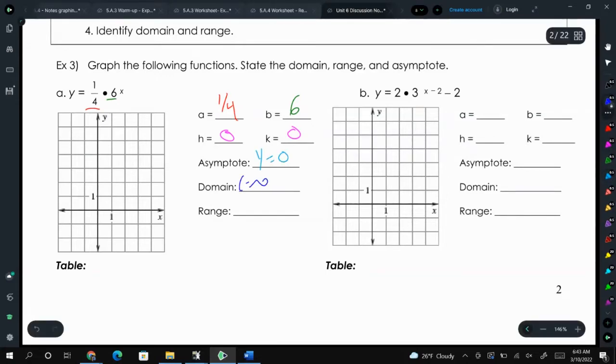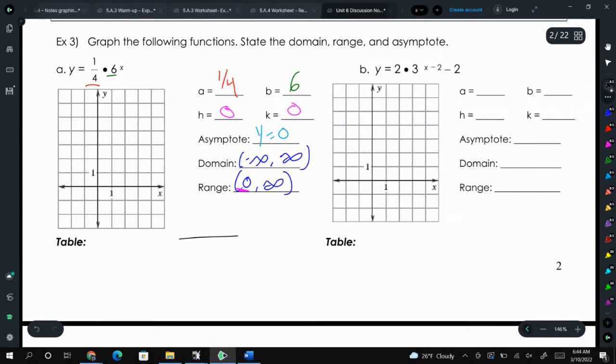Domain is always (-infinity, infinity). And our range is going to be (0, infinity), because our a value is positive, which means our graph is going to go up. And the reason we have a parenthesis around that 0 is because an asymptote is a value we approach but never reach. So 0 is not going to be included. We put a parenthesis around it.